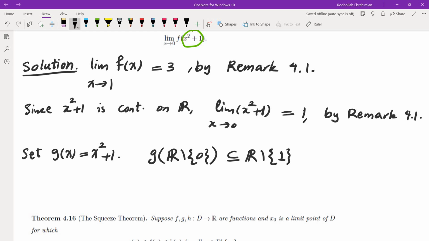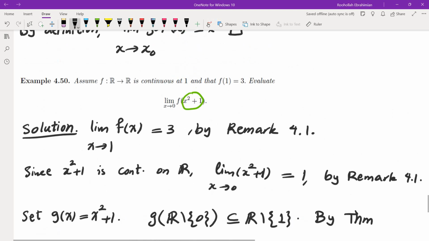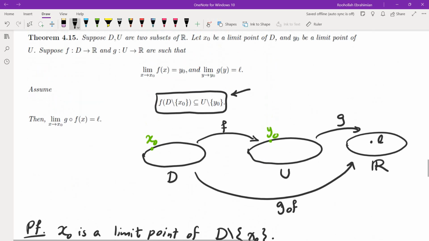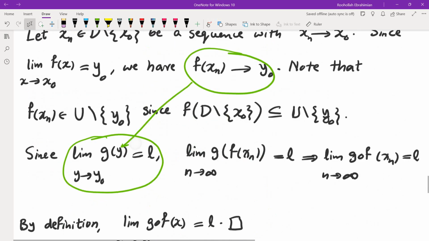This is because if I plug in 0 here, I get 1, but if I plug in something other than 0, I get something other than 1. So therefore, I can apply the theorem above, the theorem that talks about composition, 4.15.